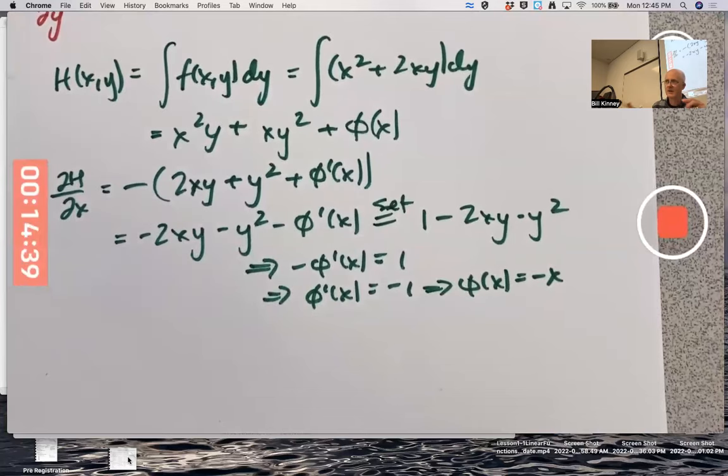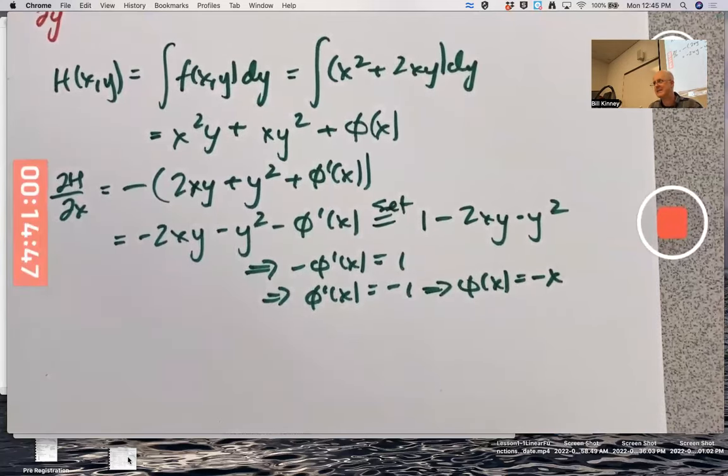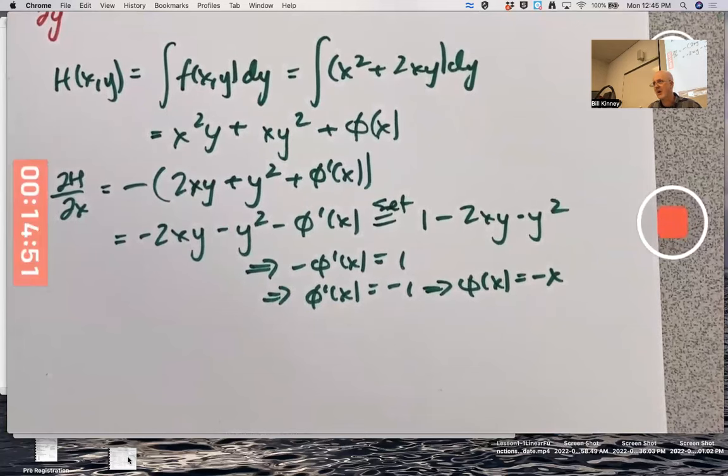I mean, in a real-life physical problem, if H does represent total mechanical energy, potential plus kinetic, which it often does, then maybe the c does need to be something specific other than 0. But as far as drawing the phase plane, we don't care what c is. All the level curves, no matter what c is, will look the same.